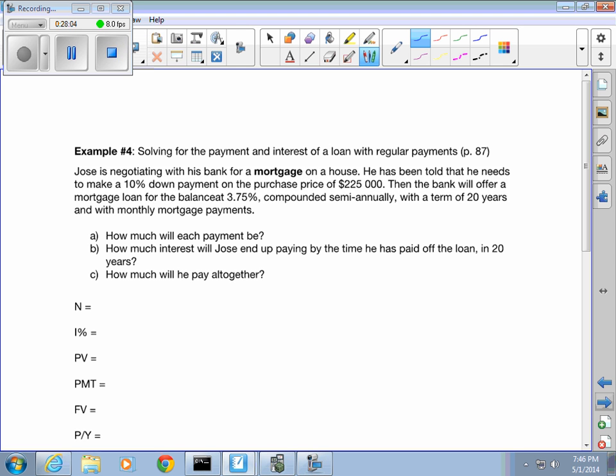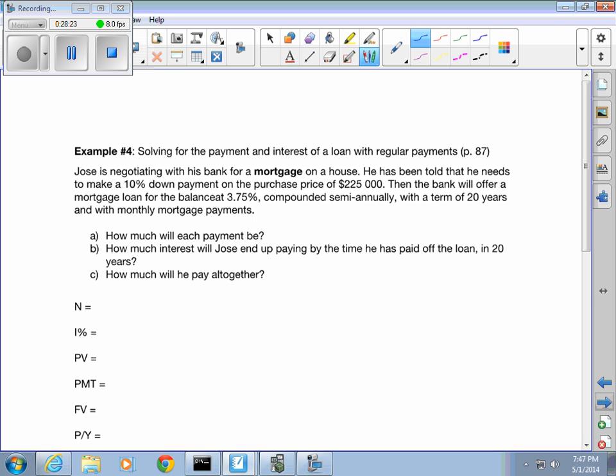The loan is 3.75% compounded semi-annually with a term of 20 years, and your payments are monthly. So your interest is being calculated twice a year, but your payments are being made 12 times a year.